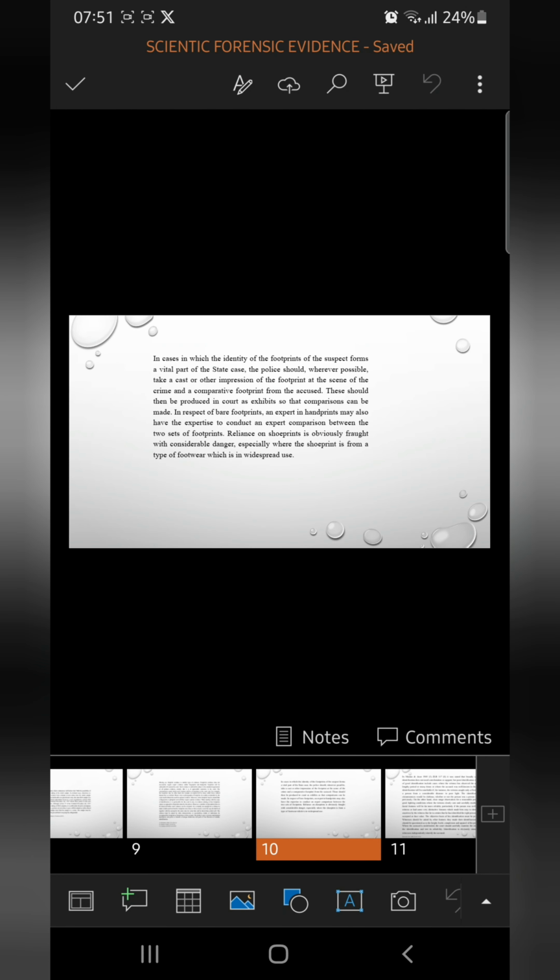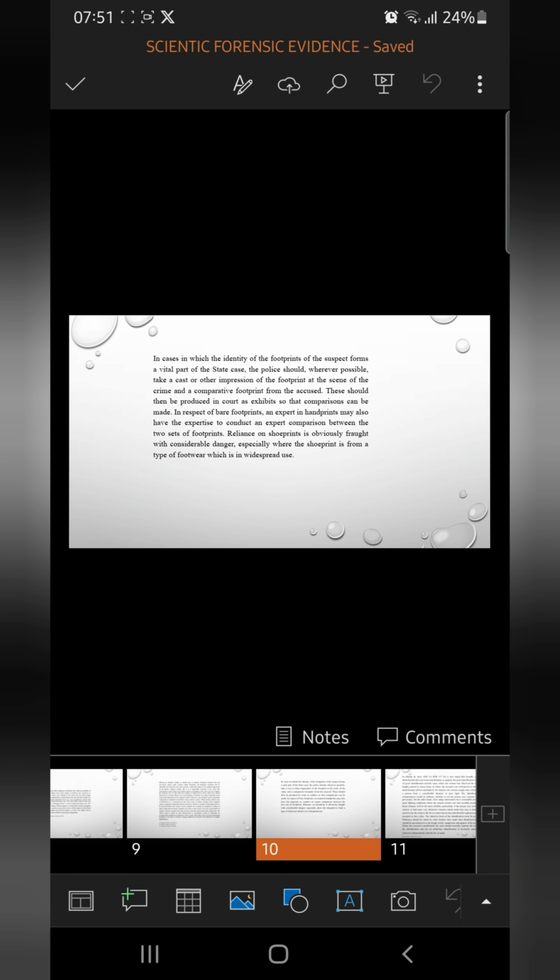In cases in which the identity of the footprints of the suspect forms a vital part of the state case, the police should, wherever possible, take a cast or other impression of the footprint at the scene of the crime and a comparative footprint from the accused. This should then be produced in court as exhibits so that comparison can be made.